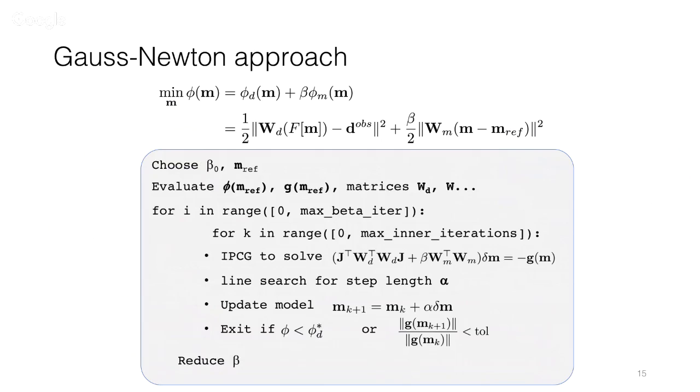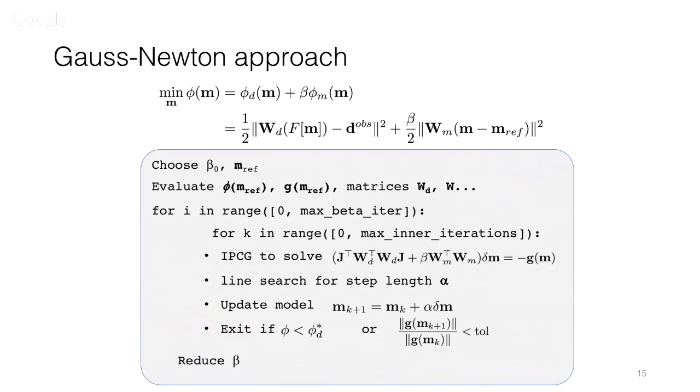Now i ranges from 0 to some maximum number of iterations. Then we're going to solve this system of equations, so that's the Gauss-Newton equations for delta m. Do a line search with alpha, update the model, and exit.